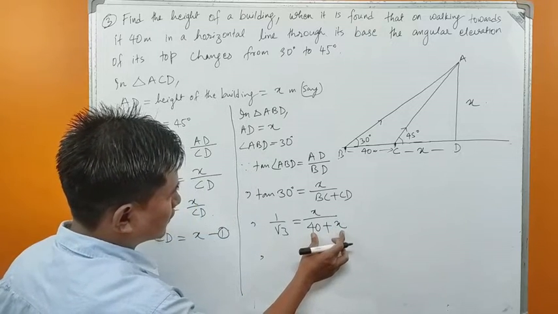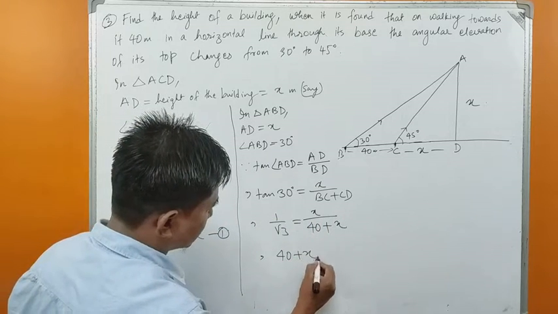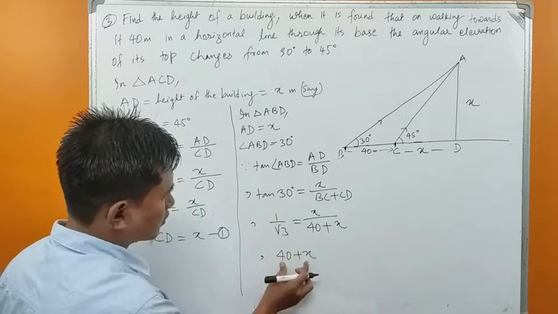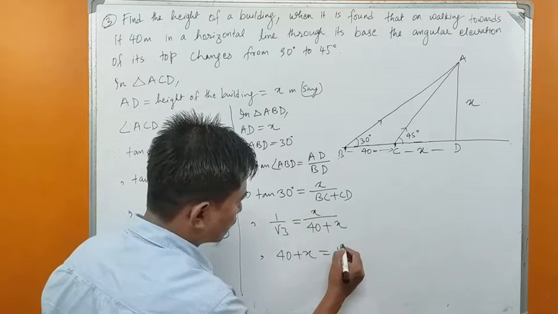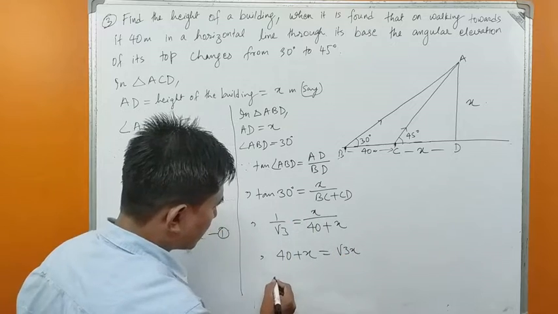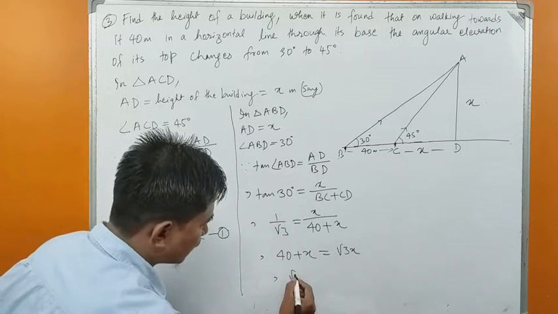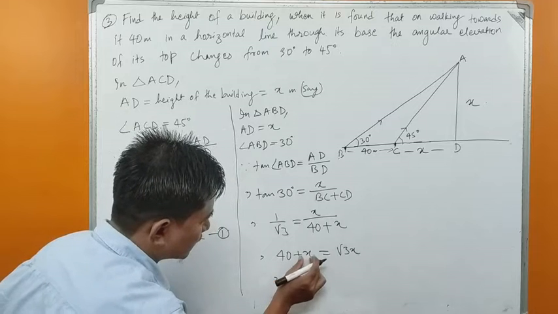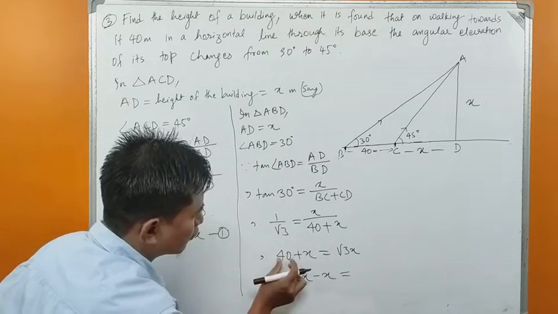40 plus x into 1 is 40 plus x, equals root 3 into x, that is root 3x. Now let me take this root 3x to the left, root 3x, and x to the right-hand side becomes minus x, equals 40 remains here.